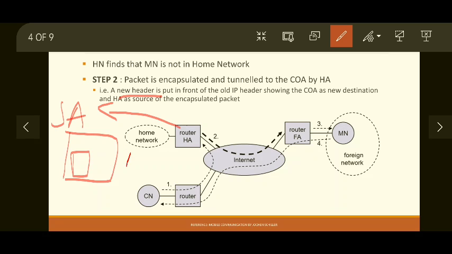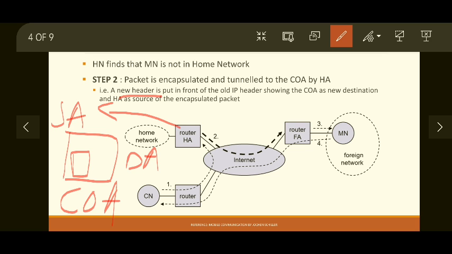And what is the destination address for the new packet? The destination address for this outer packet will be the address of the foreign agent, that will be the COA, care of address of the mobile node. So this is encapsulation and tunneling. In short, the details we will see later on, but this is how it sends a packet inside a packet, that is nothing but encapsulation, and tunnels it through the internet towards the foreign agent. So that is our step 2.